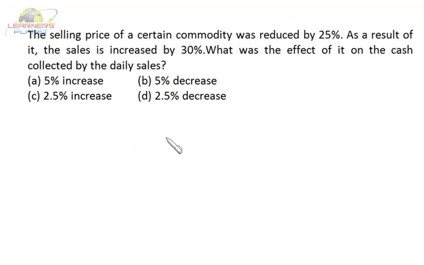Now let's have a recap of a concept which we discussed in previous sessions. Here, the selling price of a certain commodity was reduced by 25%. As a result of it, the sales is increased by 30%. What was the effect of it on the cash collected by daily sales? Friends, further, price per unit into quantity is equal to revenue.